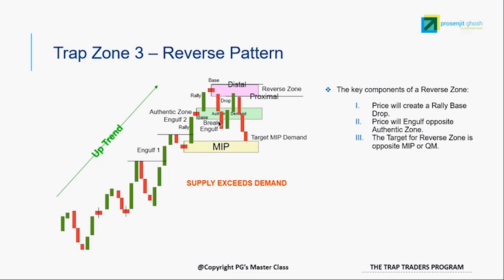We need to wait for price to engulf the authentic zone. By this I mean that the authentic zone will get stopped out, price will close below, then on retracement we will take the short trade. This price breaking the authentic demand and closing below tells us that supply exceeds demand and we should be shorting there.